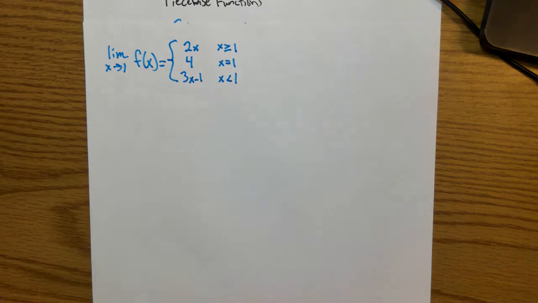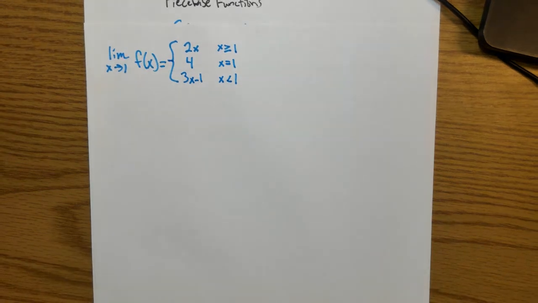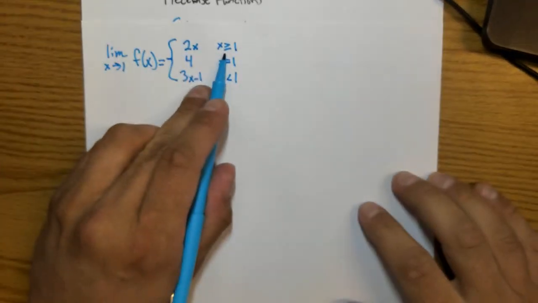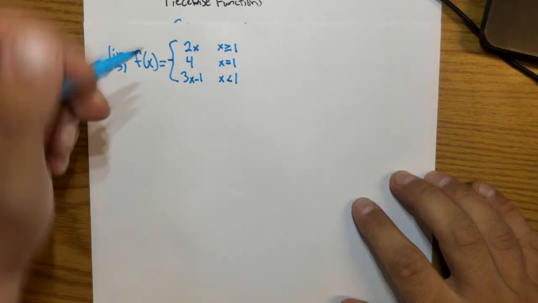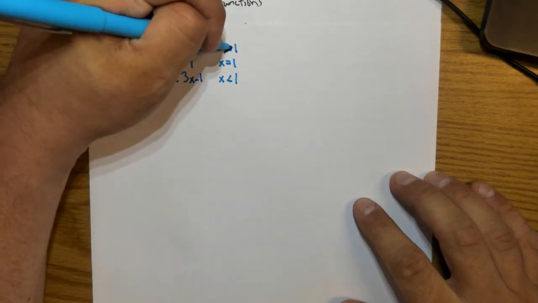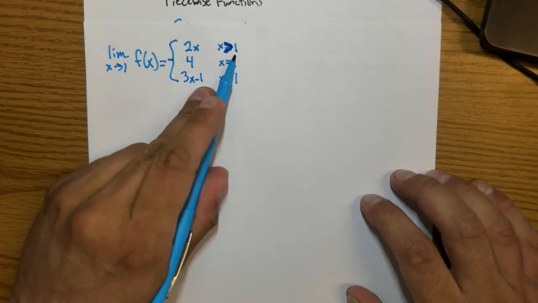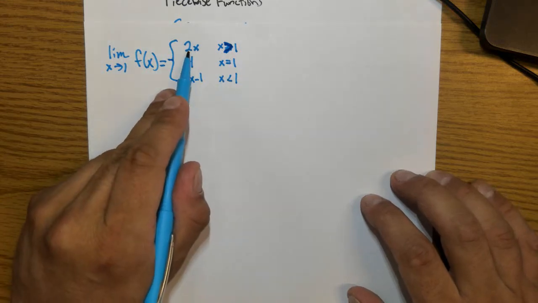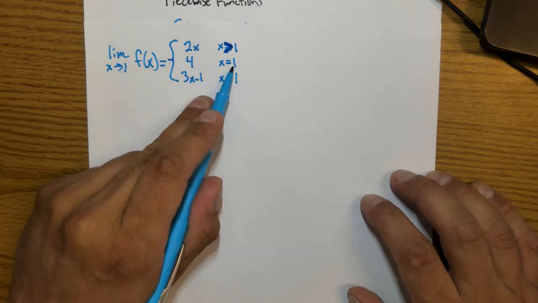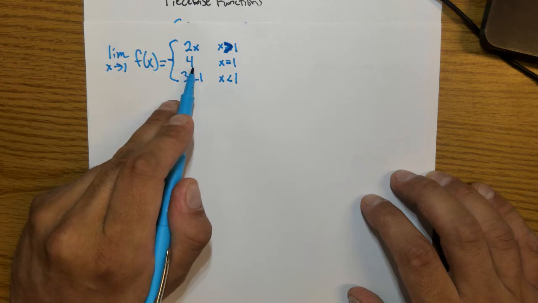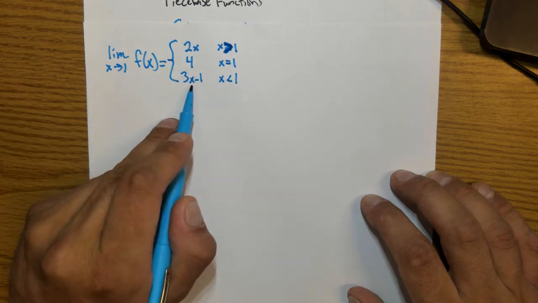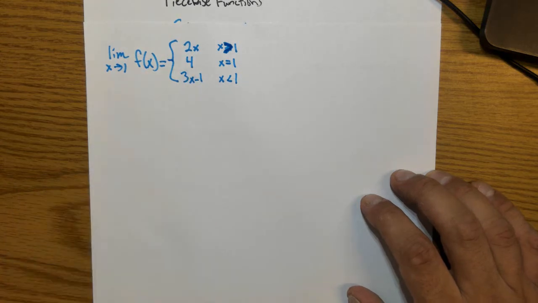So here notice that we have 3 different functions. Oops, I goofed. This shouldn't be greater than or equal, it should just be x is greater than 1. When x is greater than 1, our function is 2x. When x is equal to 1, it's 4. When x is less than 1, our function is 3x minus 1.